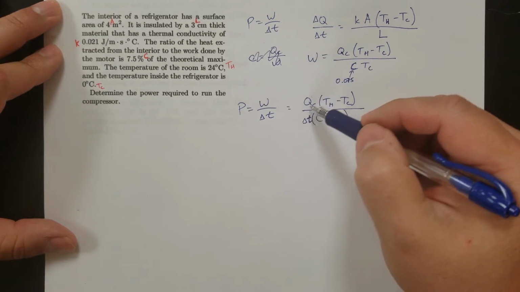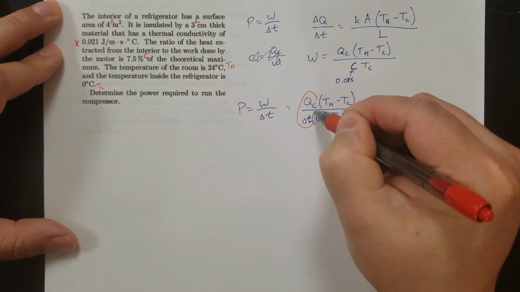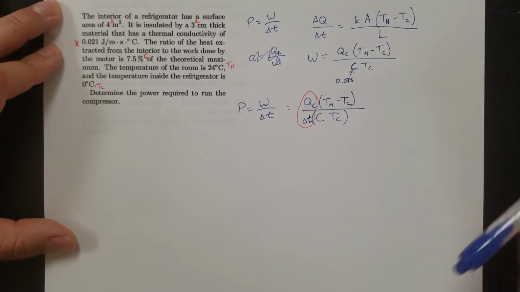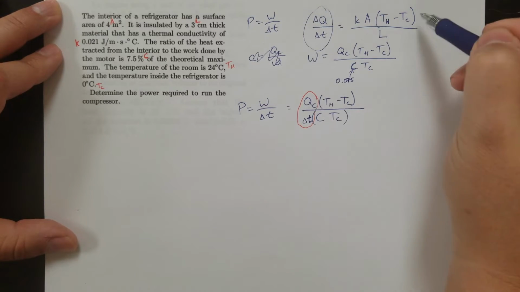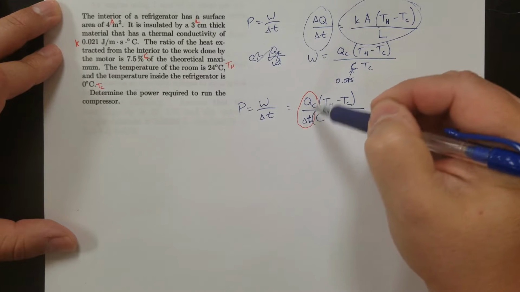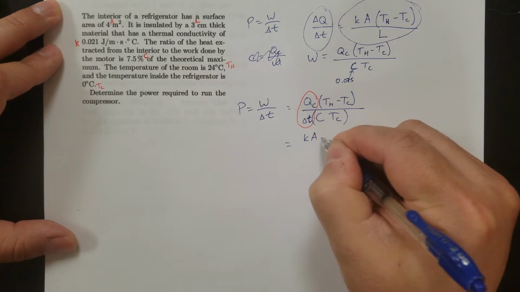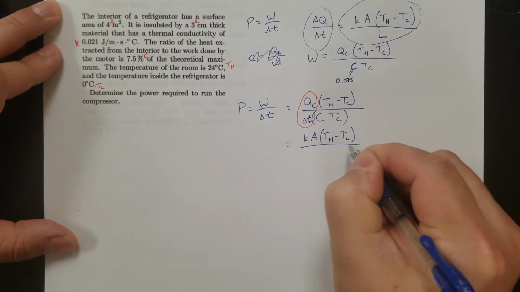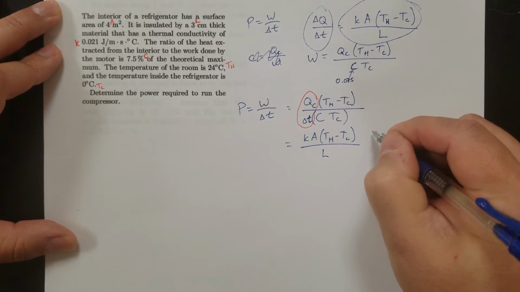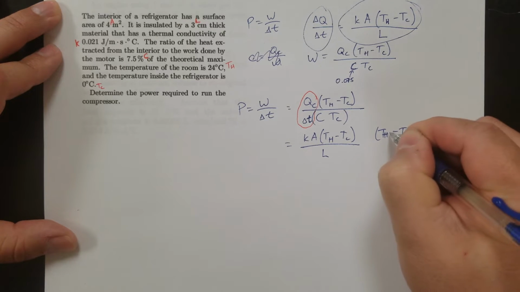But look, this little part right here, this is where you're just doing algebra tricks, right? It's not really tricks, it's just algebra. I'm going to take this and put it in for here. All this stuff is going to go in for that. So K times the area times hot minus cold divided by L, times T hot minus T cold, right?